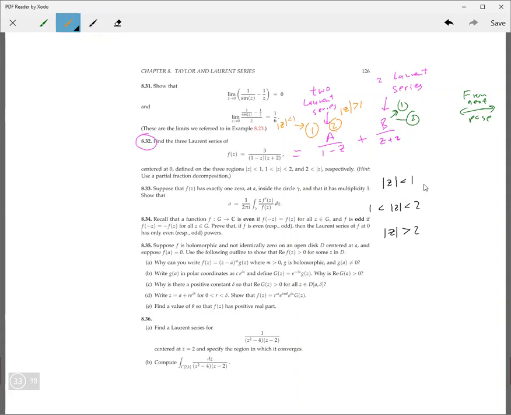Now this one only converges in modulus of z less than 1. And this one converges when modulus of z is greater than 1. So the second series for this one converges there and there.